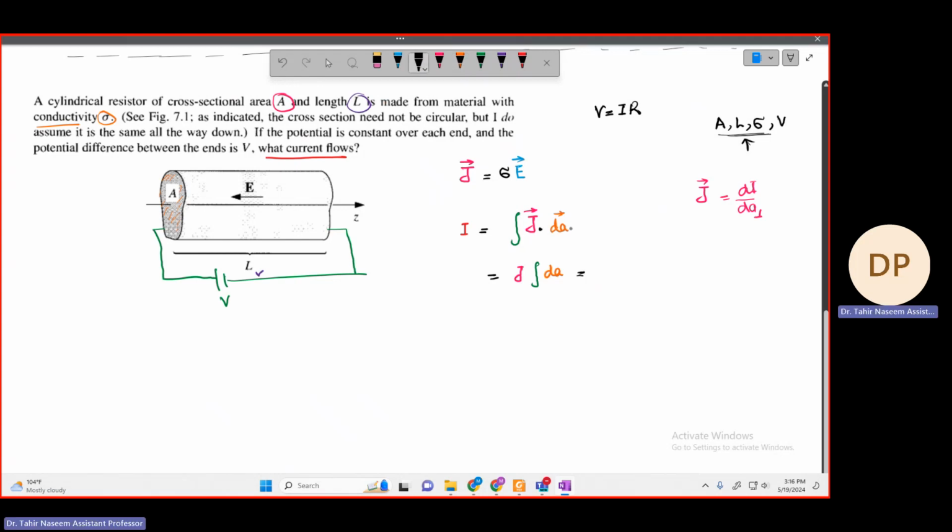And it will give me J times the cross-sectional area of the wire, A, because this integration is done over the cross-sectional area of the wire, which will give me A. So I have found the answer, which is I is equal to J A, right?